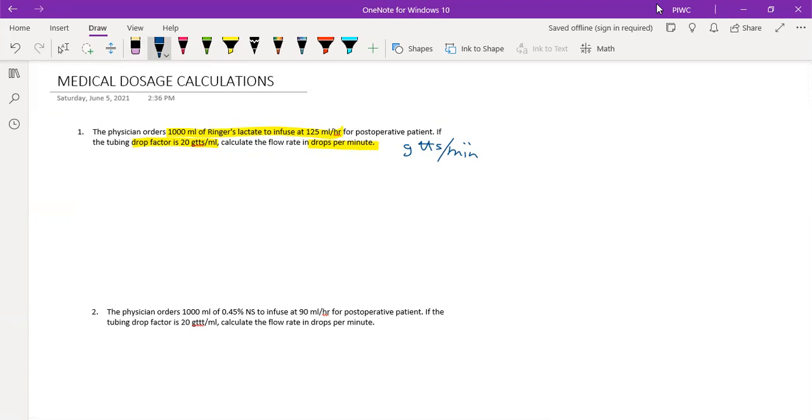So let's see how we can arrange this using dimensional analysis to arrive at our wanted, right? So our wanted is GTT per minute. Now the given, let's break it down. So the given here is the order, right? So 1000 ml to infuse at 125 ml per hour.